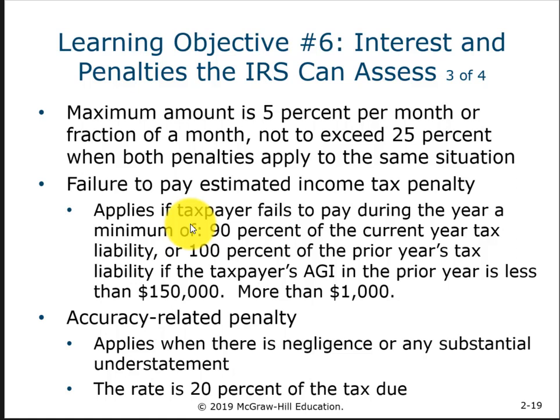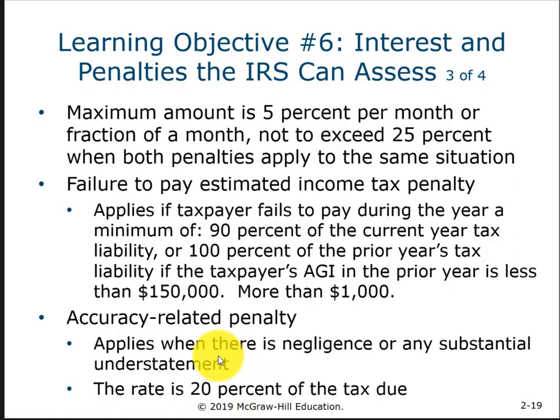You're going to still be charged if the amount owed is more than $1,000, and they're going to figure out what you should have paid, and they're going to charge you interest from the times that you should have paid it over the course of the year. And that is really the same percentage as the interest rates we saw earlier. So it's basically interest.